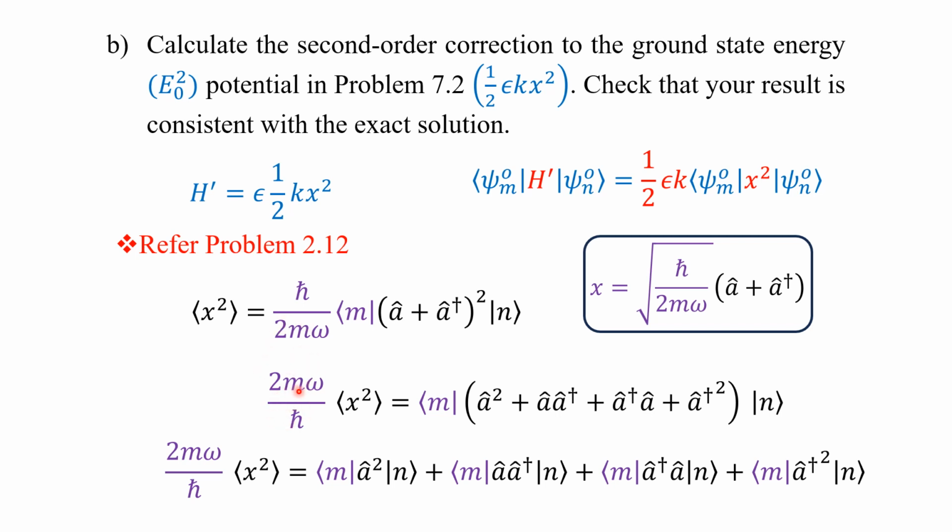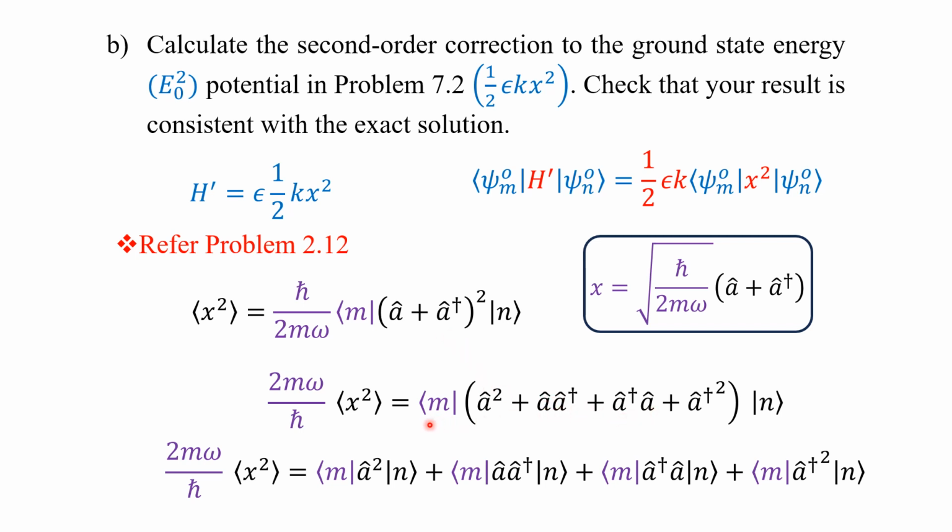So this will become 2m omega over h cross times the expectation value of x squared, which is equal to bra m, and if you square it you get a squared plus a dagger squared plus, not 2a a dagger, because a and a dagger do not commute, so you have to write a a dagger plus a dagger a.